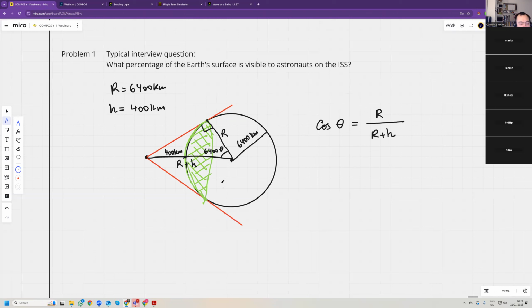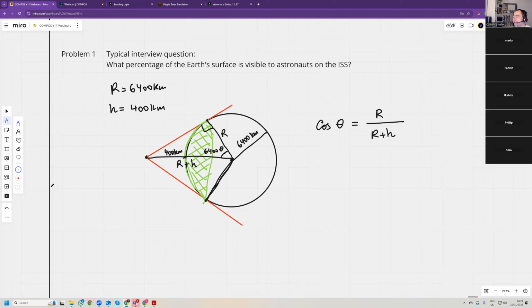Now, four pi r squared. We need the formula for a sector of a sphere.